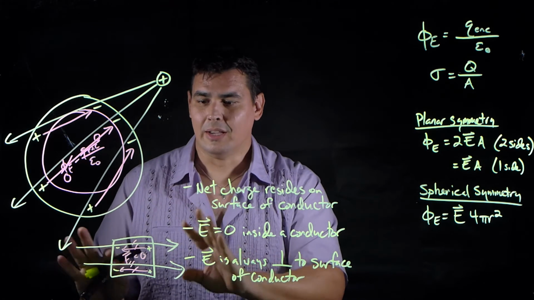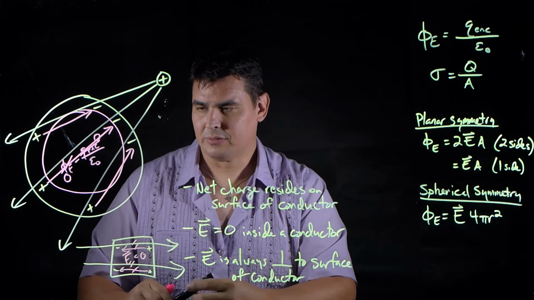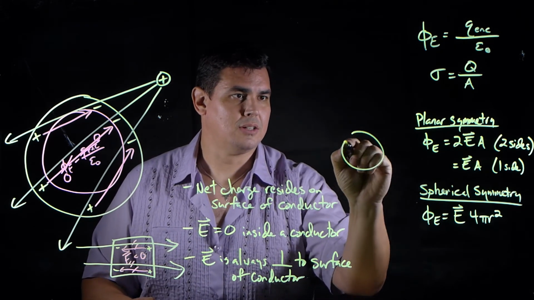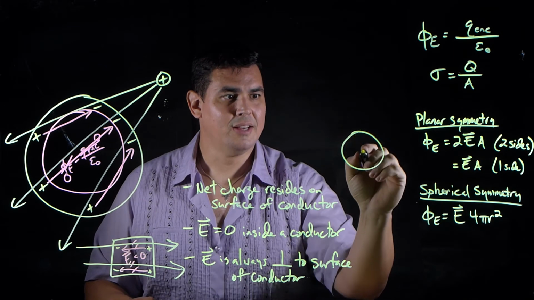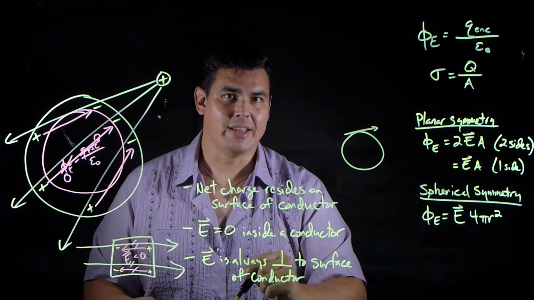Okay, so let's think about what would happen if we had an electric field that wasn't perpendicular, right? So I'm going to draw a little thing here. Let's say we had an electric field that looked like this on that surface.